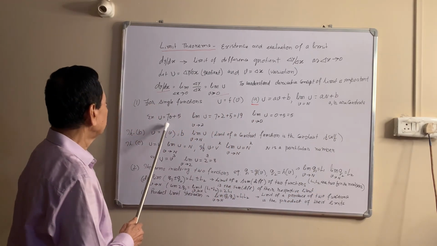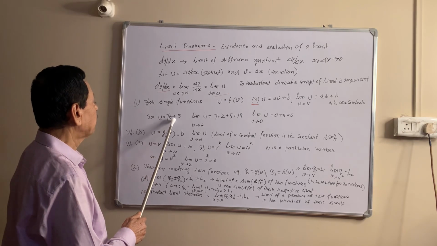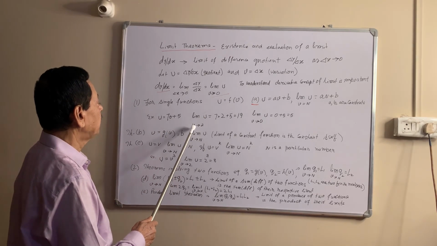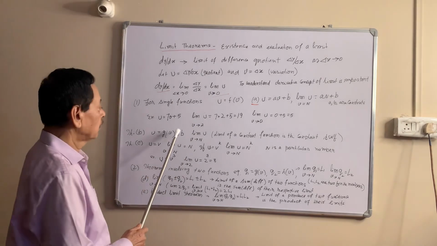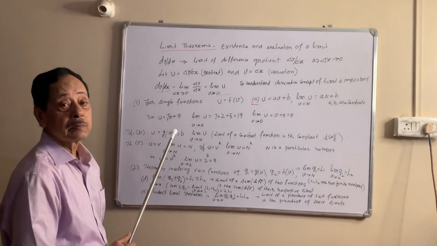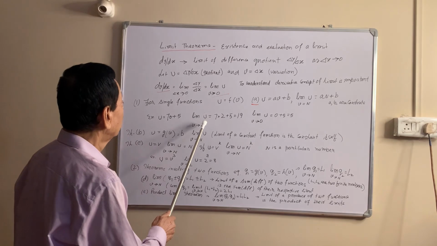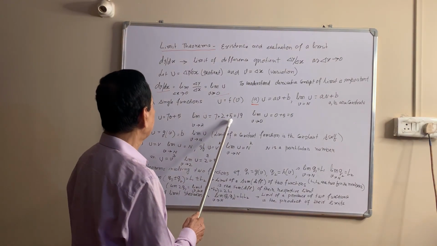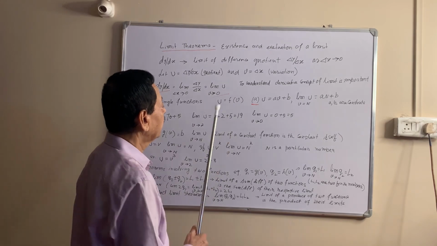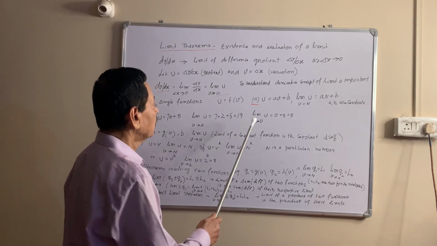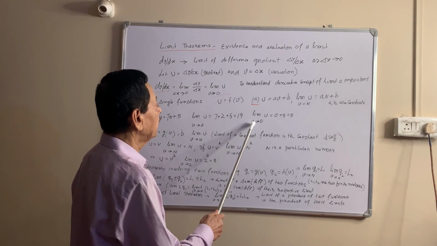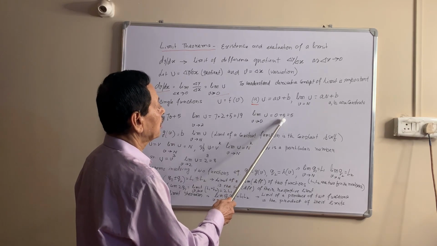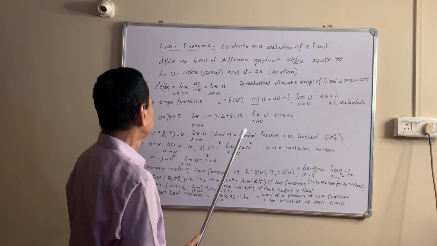Example, u equals 7v plus 5. So the limit of u when v tends to 2 is 7 into 2 plus 5, which is 19. The limit of u when v tends to 0 is 0 plus 5, which is 5.